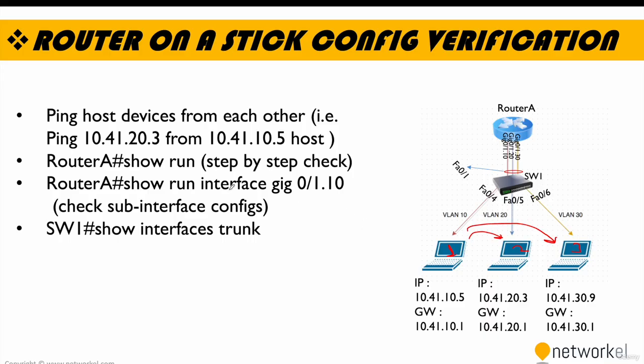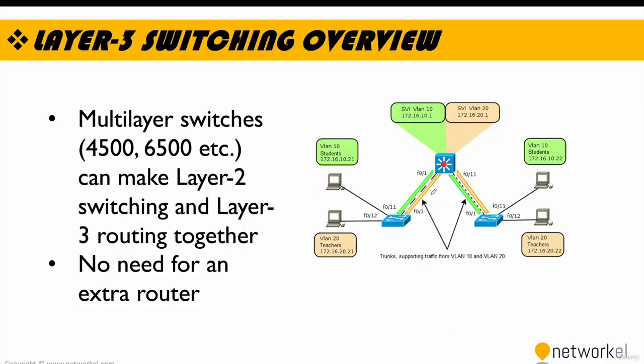You can also run the show run command on the router and do a step-by-step check. You can check the sub-interface configuration with show run interface gig 0/1.10, .20 and .30, and on the switch side, show interfaces trunk, to verify that this interface is performing correctly as a trunk.